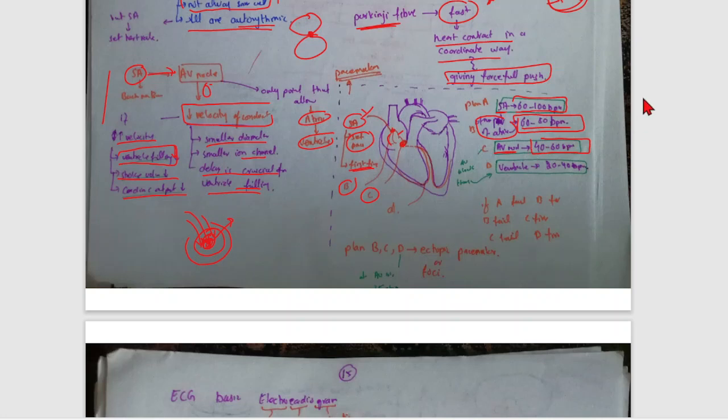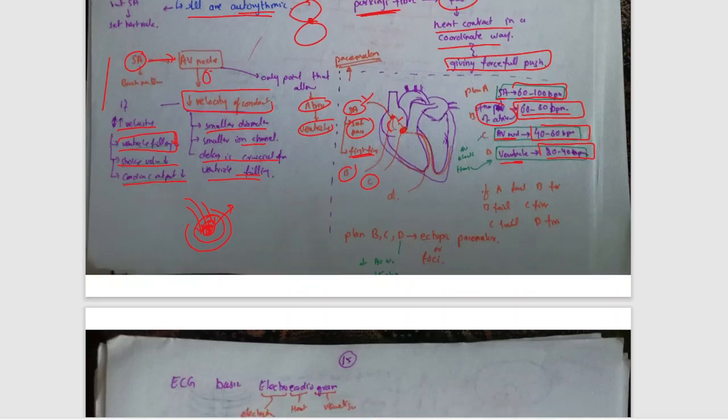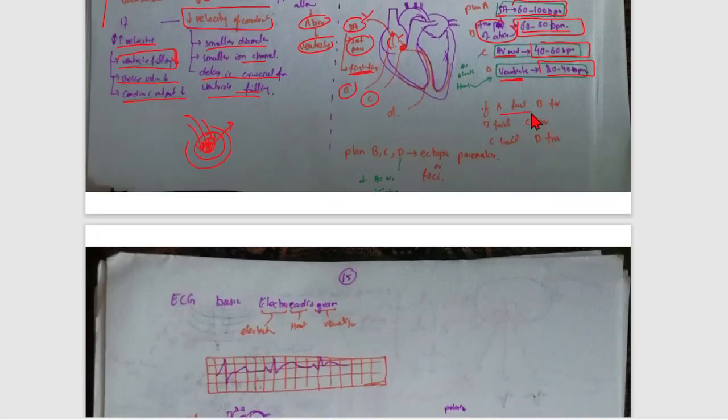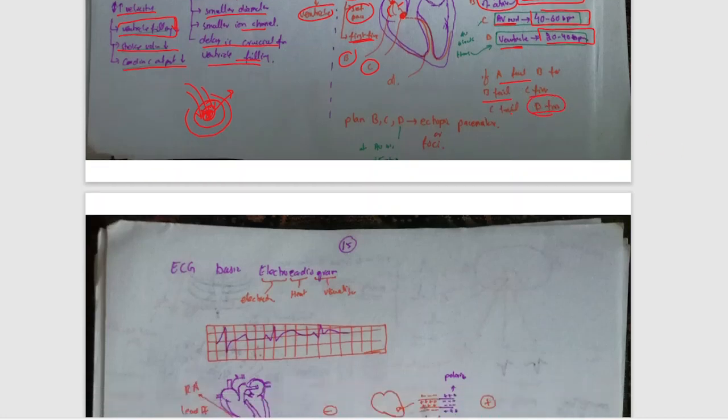If the AV node is not working, the ventricle fires at 20 to 40 beats per minute. So you have to know this. If the SA node is not firing, the other plans work: plan A, B, C, D. If A fails, then B; if B fails, then C; if C fails, then D. These are all the things.